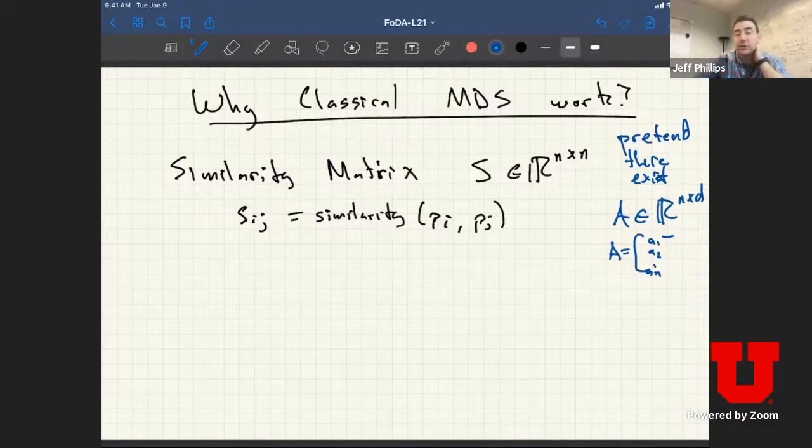These are the true data points in the space, and they give rise to this distance matrix or similarity matrix. Now, I don't have access to this, but I want to pretend that there was. Then how similar two points are would be captured as the dot product between A_i and A_j. So I want to think of the similarity as the dot product between them.